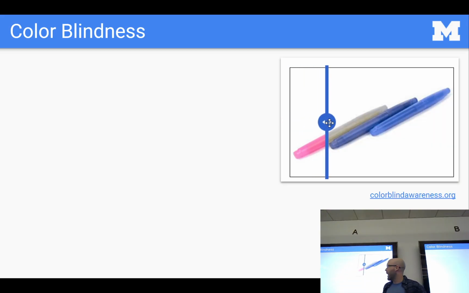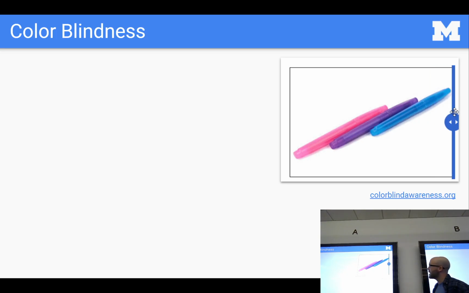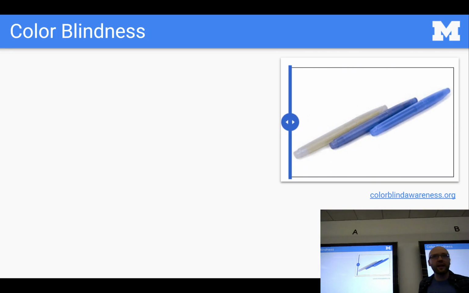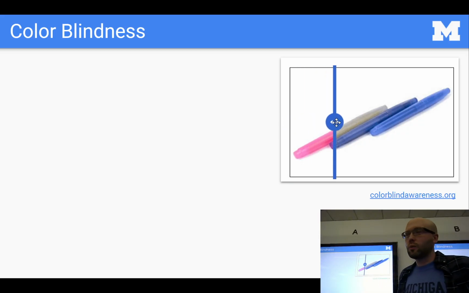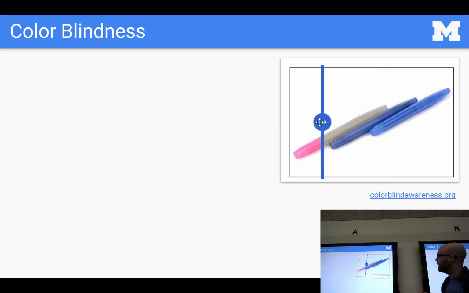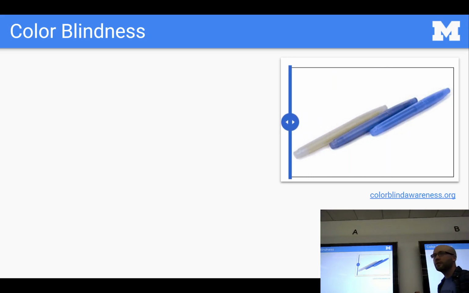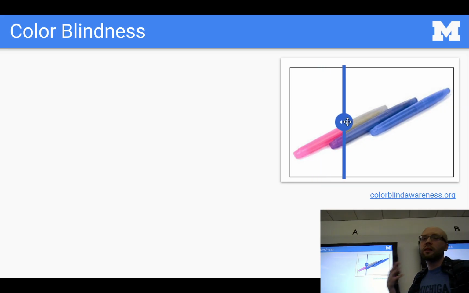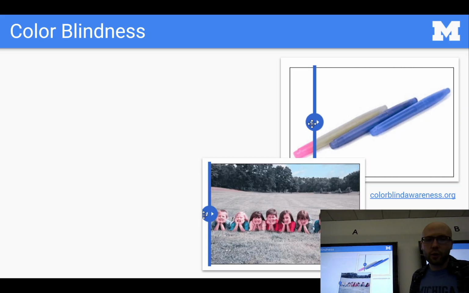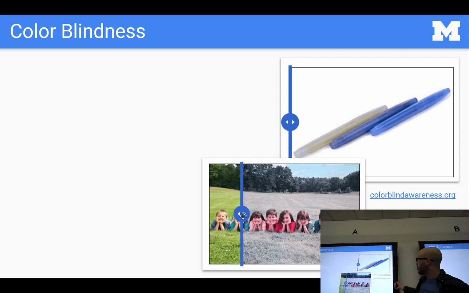When you look at these pens up here, right, you might not know that they are very different colors. If you don't have color blindness, you might not understand what's going on. This little tool right here on colorblindAwareness.org kind of gives you a sense of how difficult it can be to actually see different colors when you are colorblind, okay?